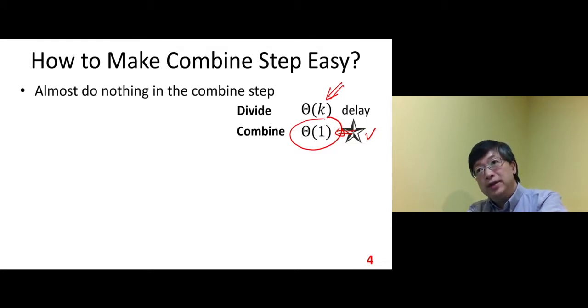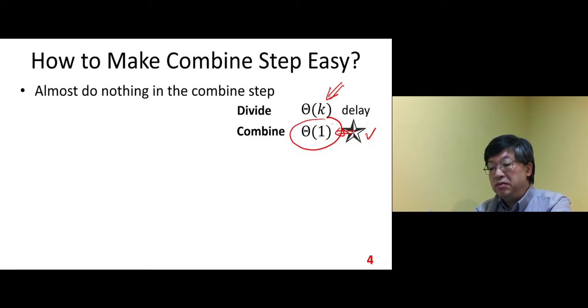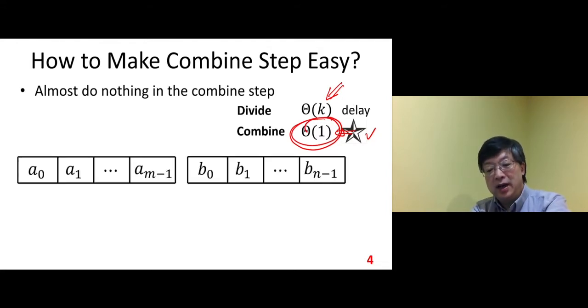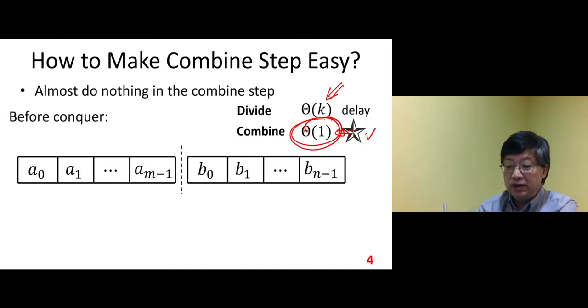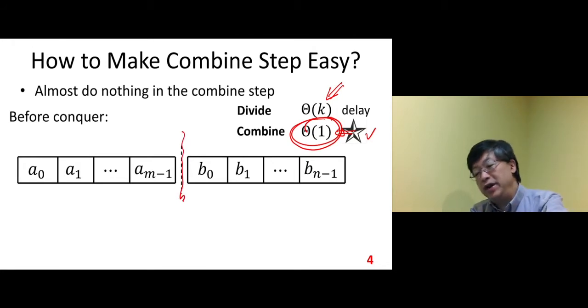What do you mean you can combine two subarrays in this cost? Let's try to look at the meaning. Let's look at these two subarrays. Before conquer, we separate somewhere in the middle, not necessarily right in the middle.